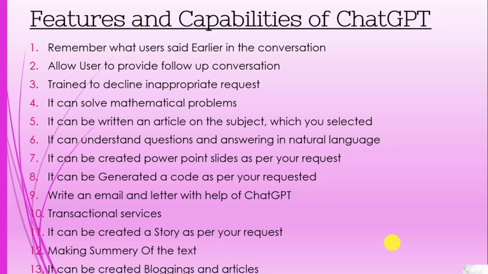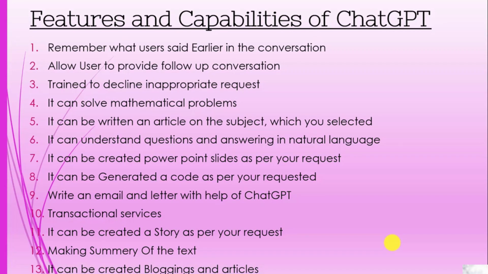The sixth feature and capability is that it can understand questions and answer in natural language. It means that if you ask a question in any language, it will reply with the answer, and it can understand your question and then answer it. The seventh capability is that it can create a PowerPoint slide as per your request.